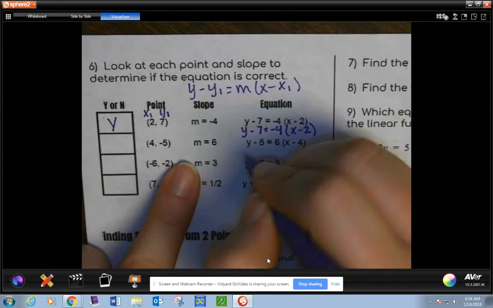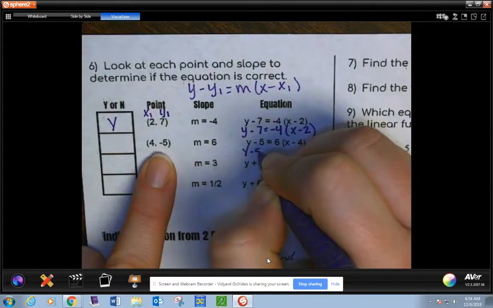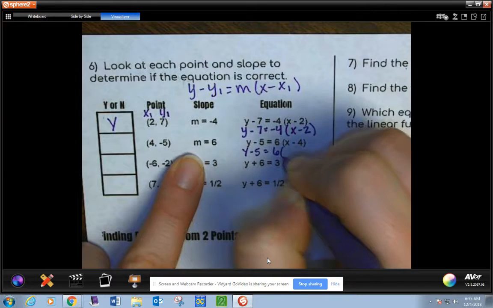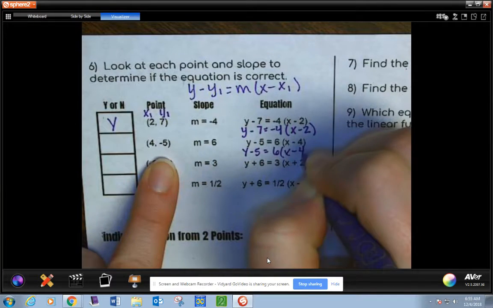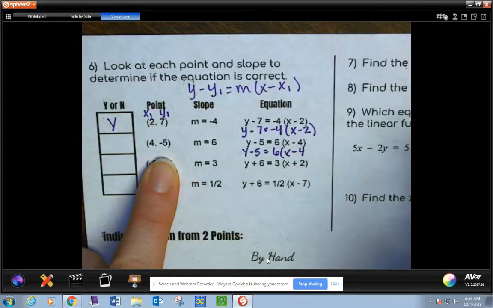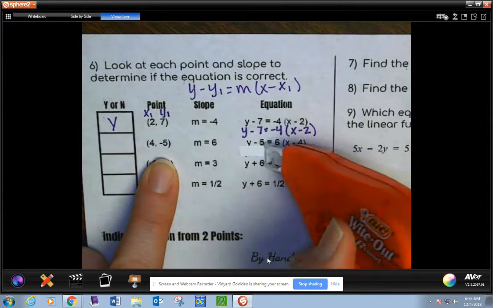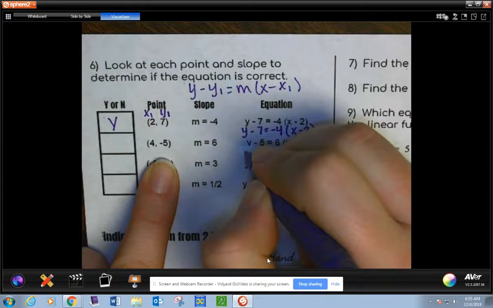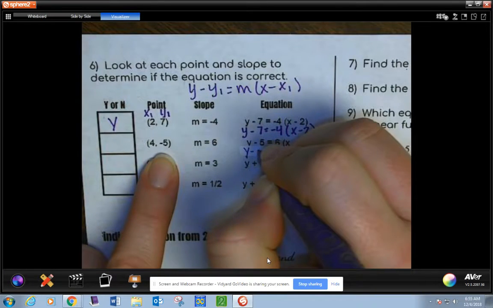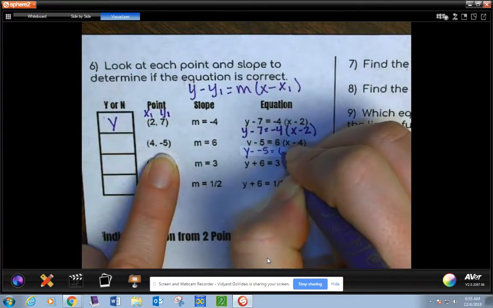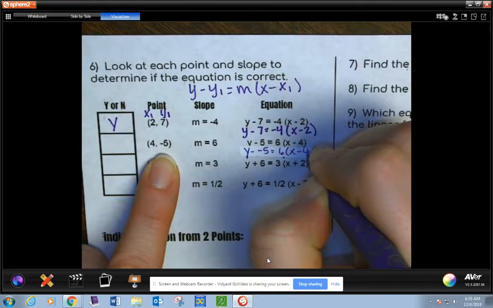Okay, for the second one, I'm going to do y minus 5 equals 6 times x minus 4. I did a typo. Let me fix that really quick. You're going to do y minus negative 5 equals 6 times x minus 4.